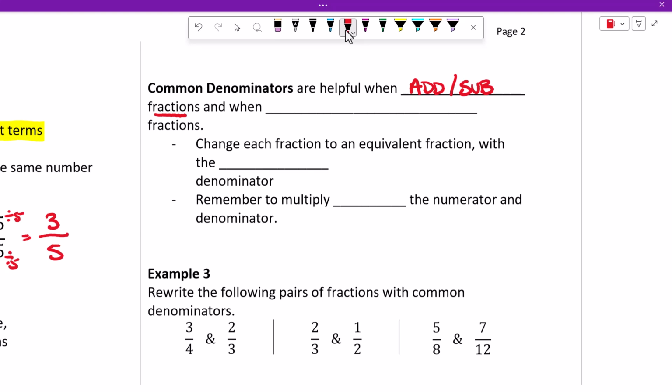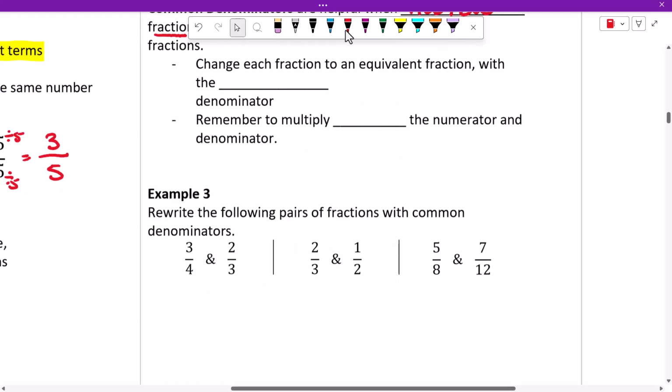We need to know what number both 4 and 3 can fit into. What would that be? 12. So to do that, I want to make this 4 turn into a 12, so you start with the denominator first, times it by 3, because 4 times 3 is 12. And to keep the value the same, I do it to the top as well. So I have 9 over 12.